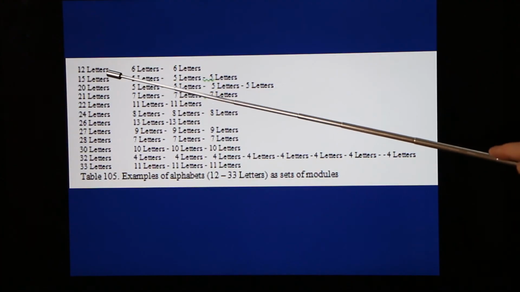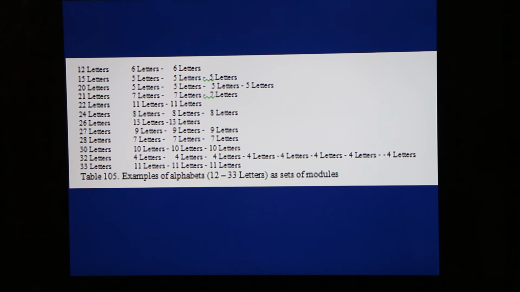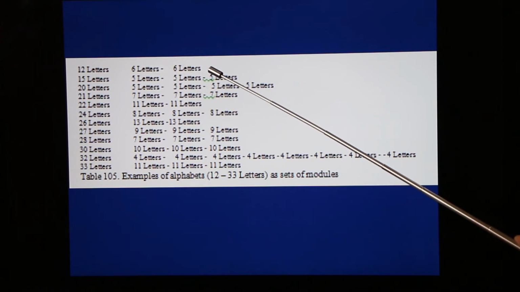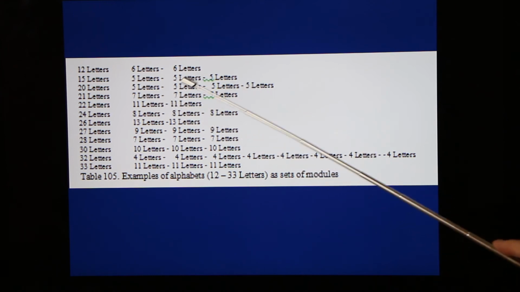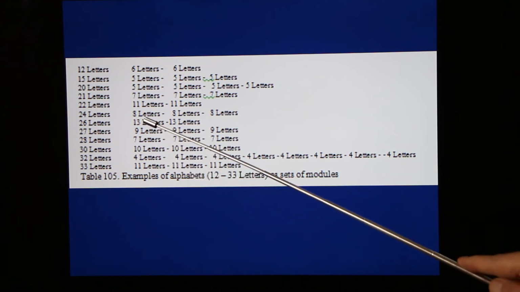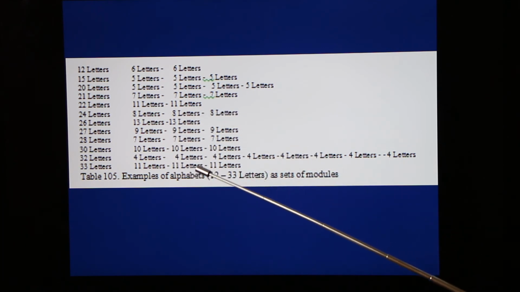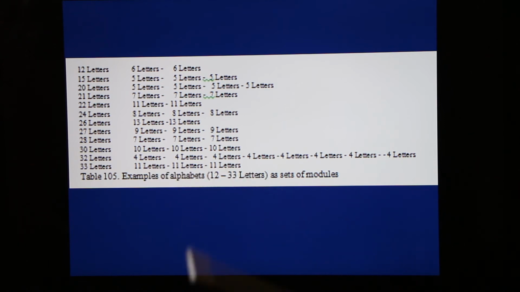So just for fun, I take a series of 12 to 33 letters and show you how those are combinations, or here are some of the combinations. So it's 6 letters and 6 letters, 5 letters, 5 letters, 5 letters, 5, 5, 5, 5 to get 20, or 8, 8, 8 to get 24, or 11, 11, 11 to get 33.